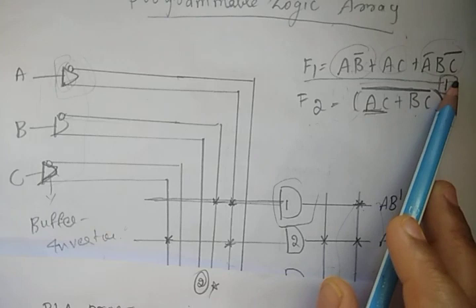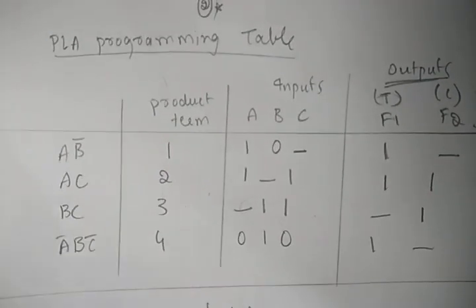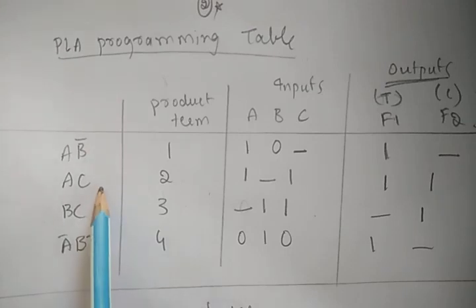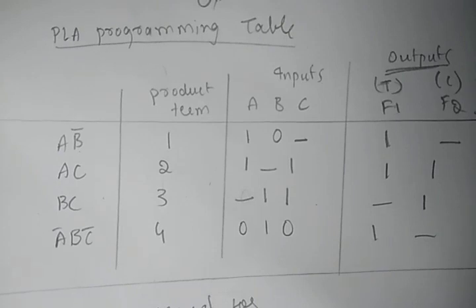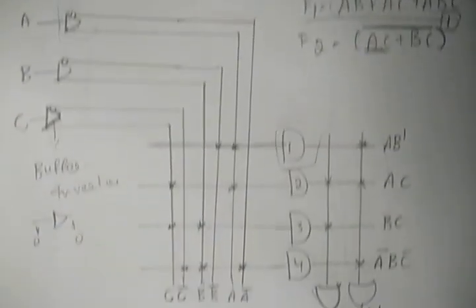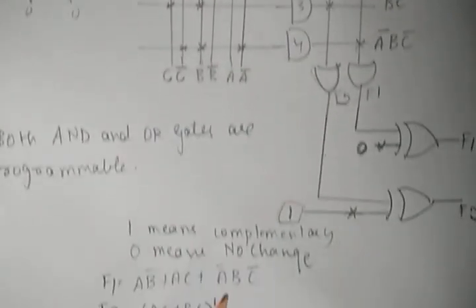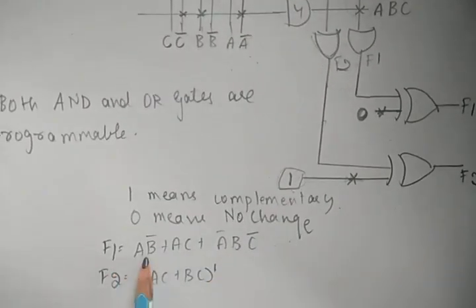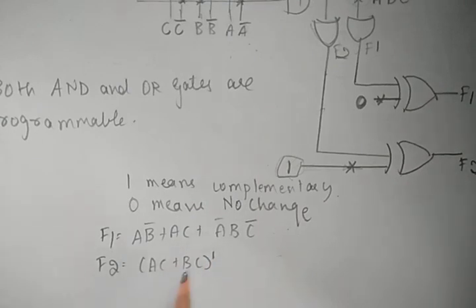Next is A bar, BC. So first is A, B bar. Next is AC, second is BC. So finally, function F1 is AB bar plus AC plus A bar BC. F2 is AC plus BC.